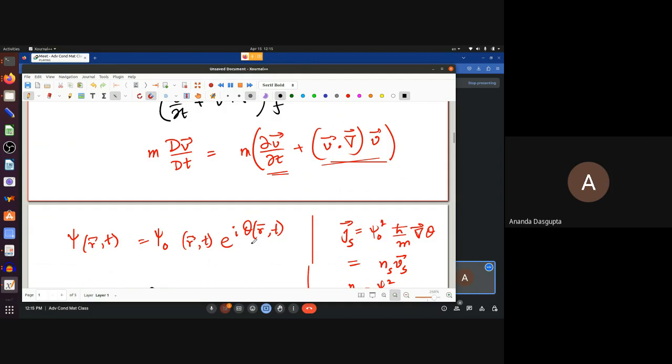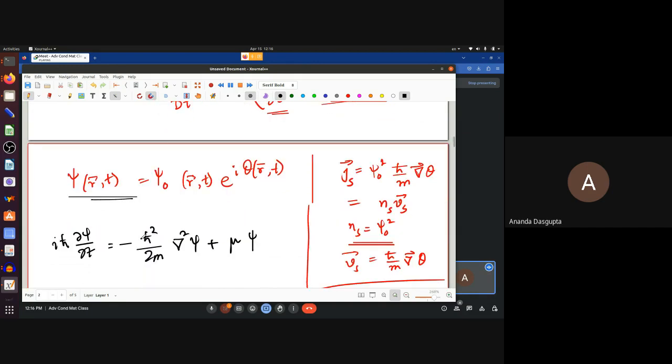The wave function psi here describes only that part, the superfluid part. Remember, what we are saying is there are a large number of molecules or atoms, each described by the same wave function. And every one of these particles obeys the corresponding Schrodinger-like equation. This is only for the superfluid part.